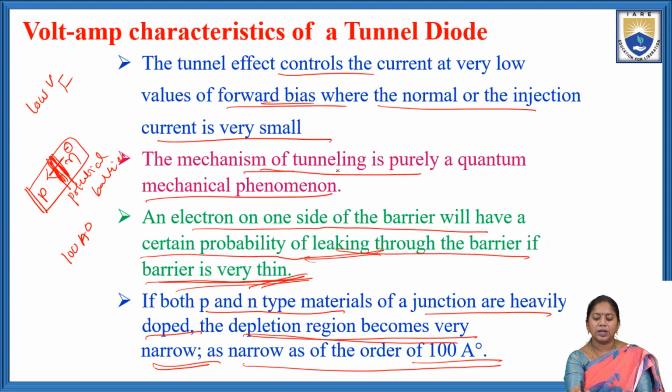The mechanism of tunneling is a purely quantum mechanical phenomenon. If both P-type and N-type regions are heavily doped, then the depletion region becomes very narrow, of the order of 100 angstroms.